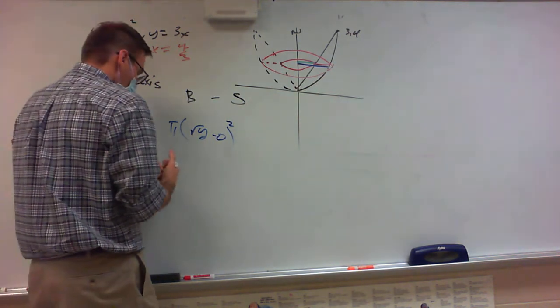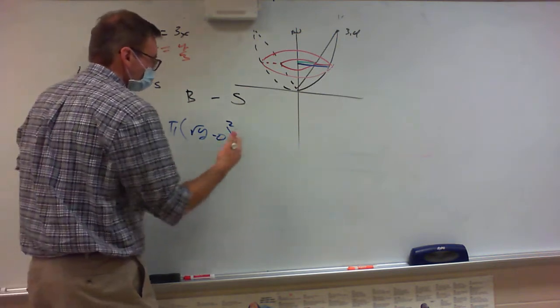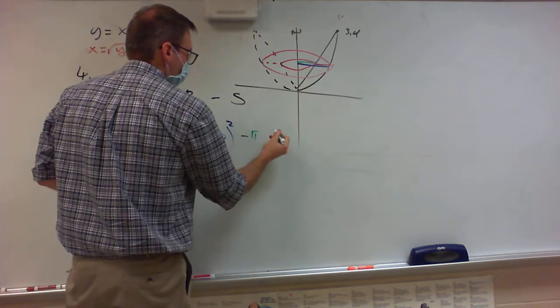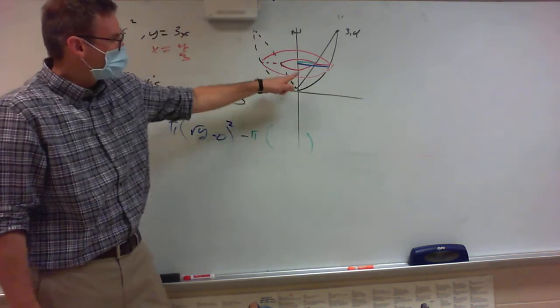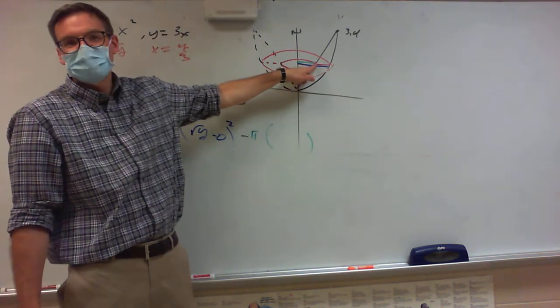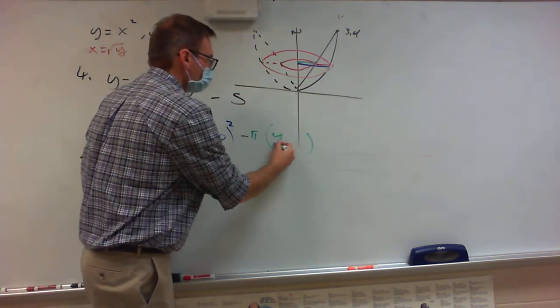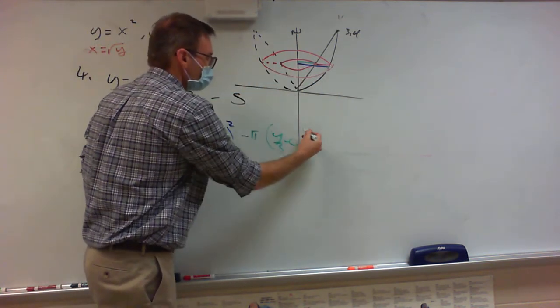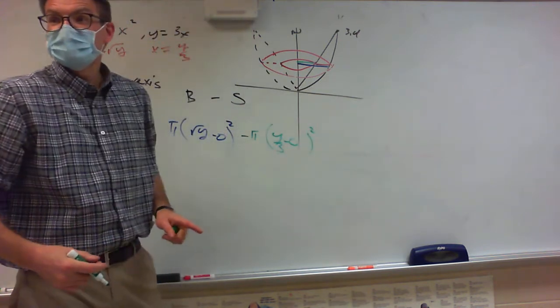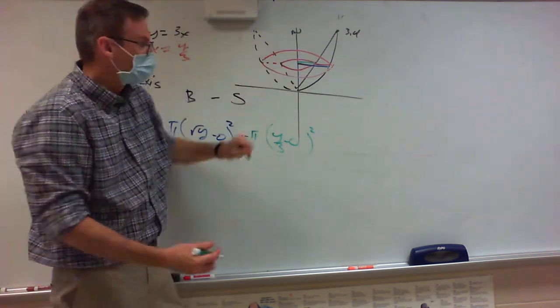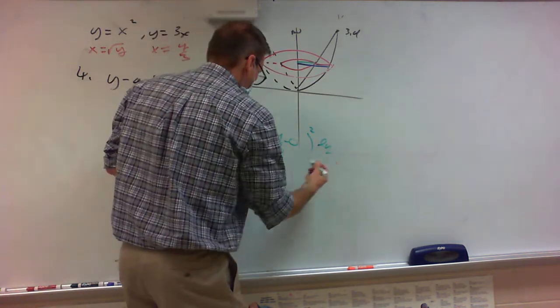And then your small one would be pi. Now let's look at the green one. What's the right function? y over 3 minus 0, squared. And since that original rectangle is horizontal, and these are all y's, I need to put a dy.